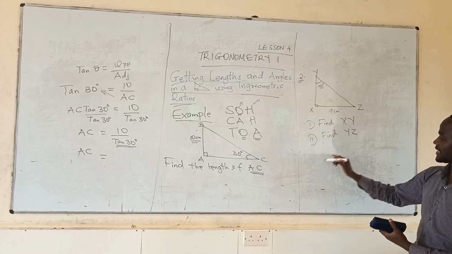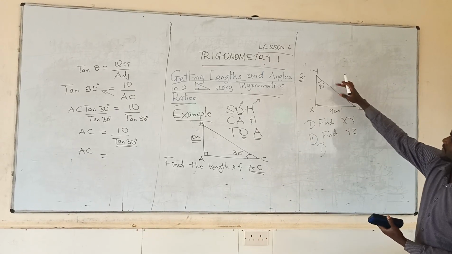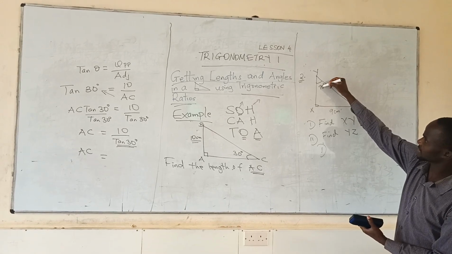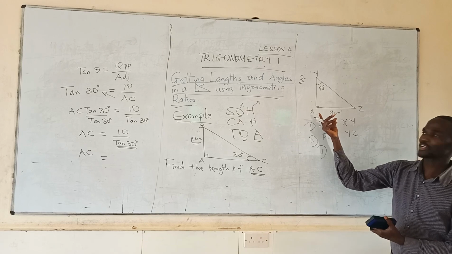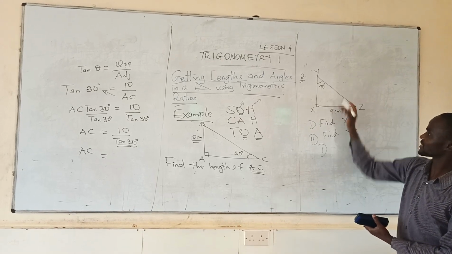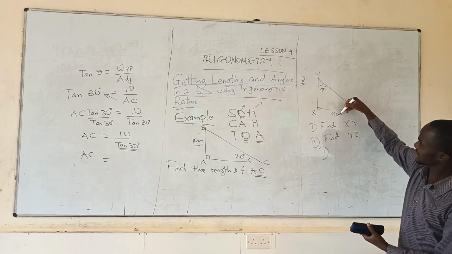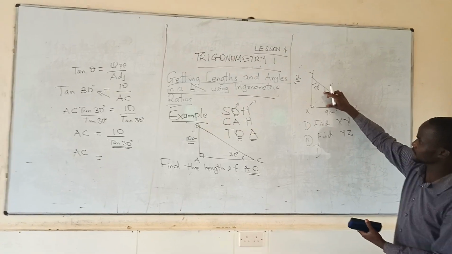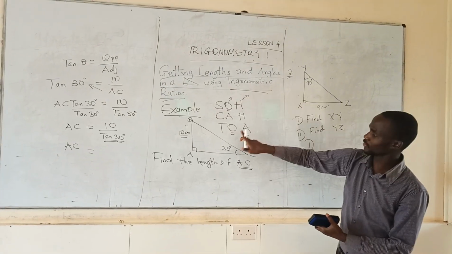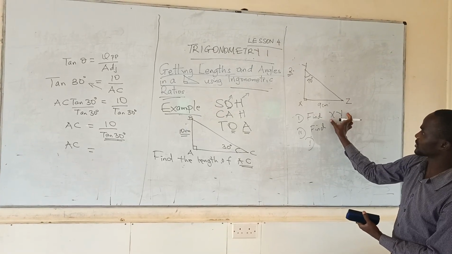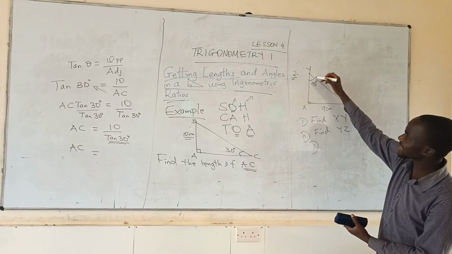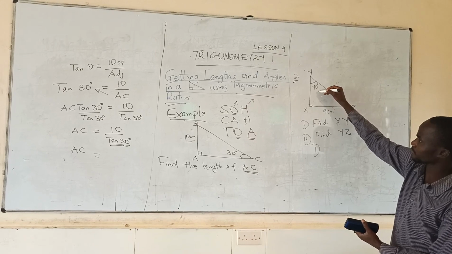YZ. In finding XY, we look at this angle 70 degrees, and the side that we have already been given as 9 centimeters. 9 centimeters is opposite to this angle, so we are either at sine or at tangent. Then we look at what is in question. It is XY, and XY is adjacent to this.